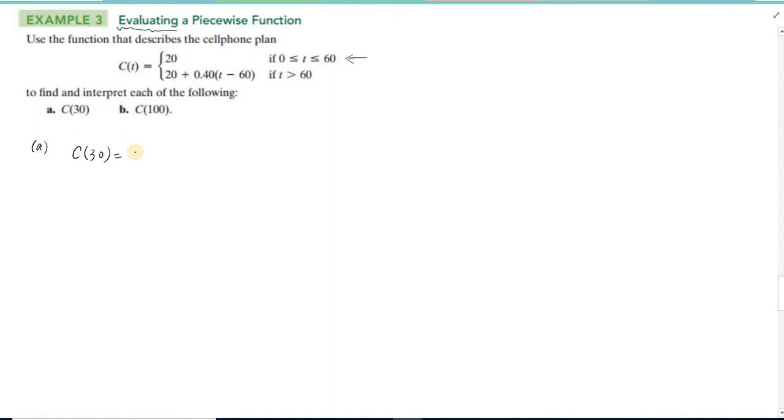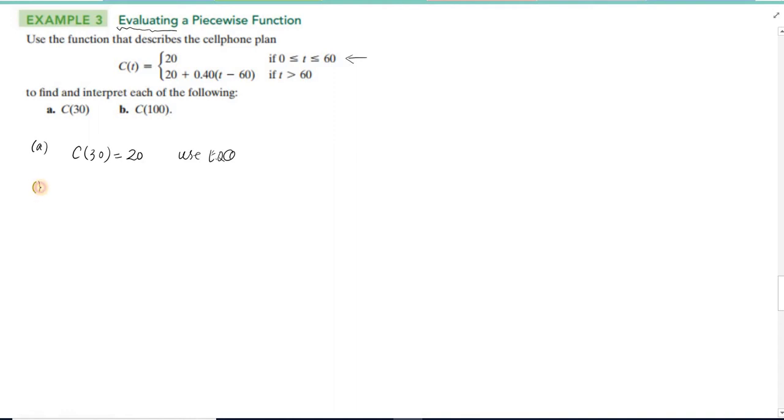So in that case, we're just going to plug in 30 for the first equation. There's no t, there's no variable, which means this is just a constant. No matter what t is between 0 and 60, your output is 20. So we use the first equation.